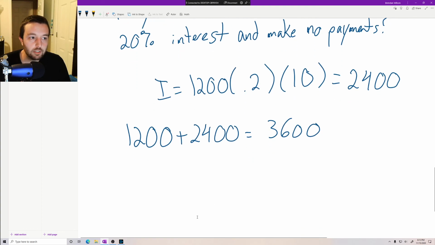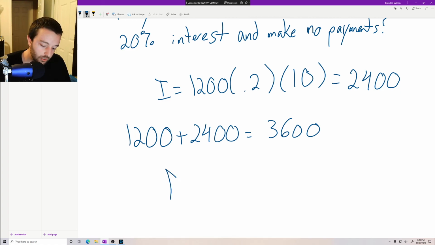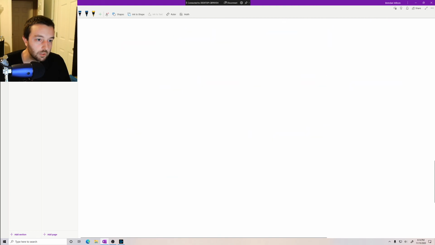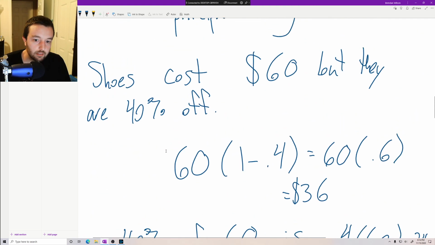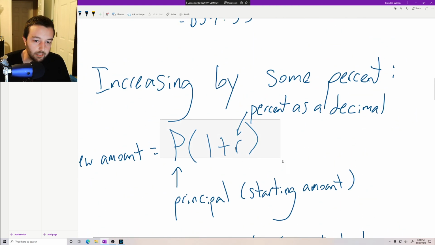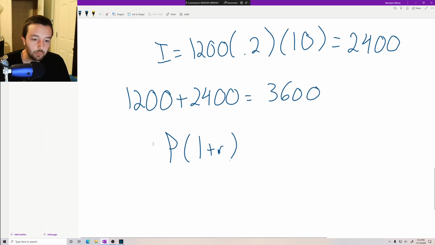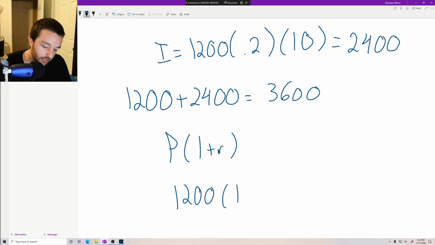Now, just like before, this is like talking about a percent increase. So you can also just use the formula P times 1 plus R, just like we were back in 6.3 when we had it right here. That would work just as well if we did 1,200. Sorry, it would have to be 1 plus RT because you have to take the time into account.